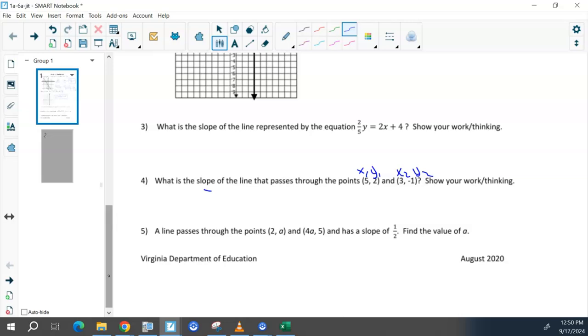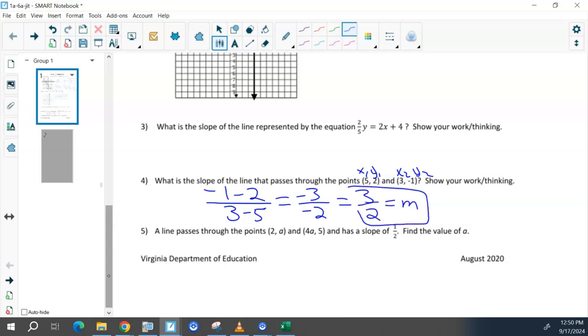So we would do negative 1 minus 2 over 3 minus 5. The answer is what? Negative 3 over negative 2, and then the negatives cancel each other out. So that should have been a positive 3 over 2 for your final answer. Questions on that one?